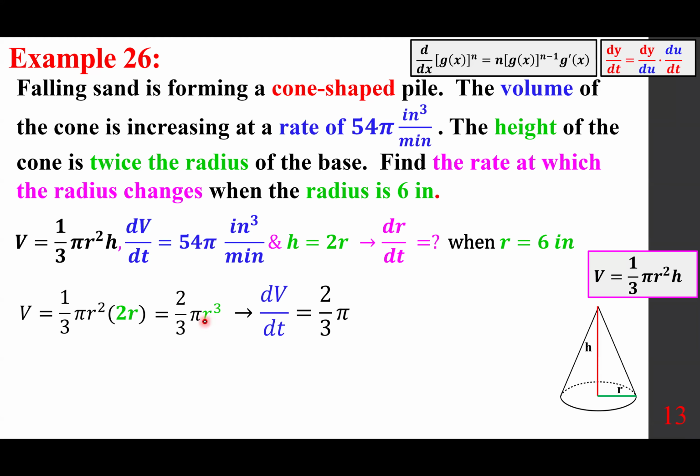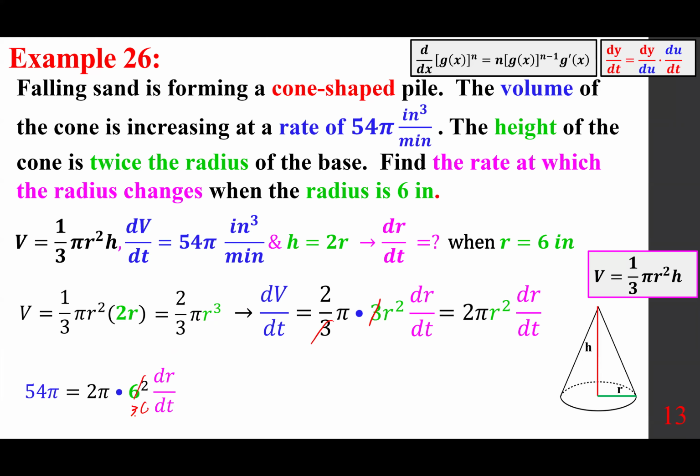So you deal with r cubed, which is 3r squared dr/dt, or 2 pi r squared dr/dt. We replace dV/dt with 54 pi and r with number 6.